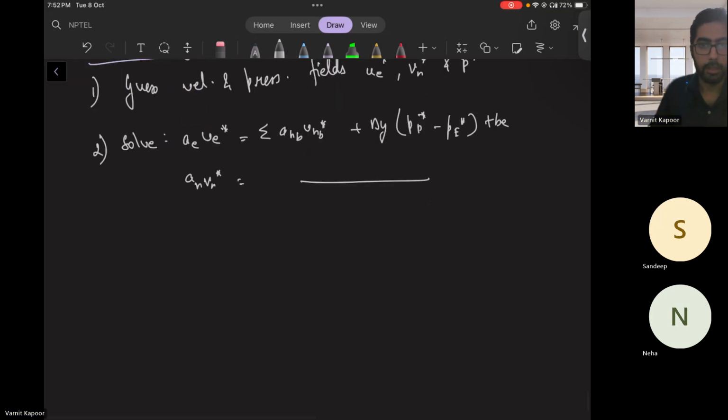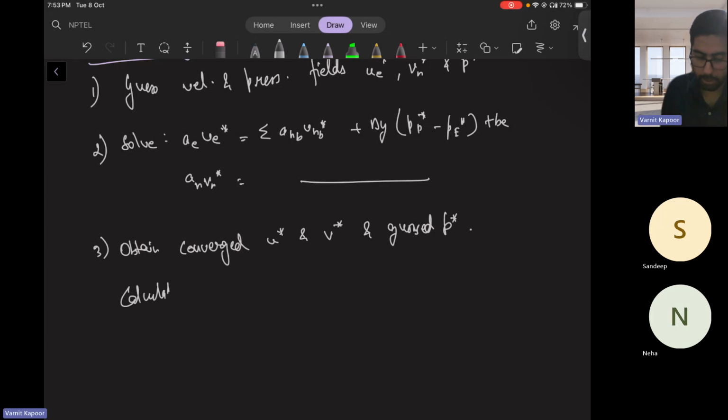Okay. Then obtain converged U star and V star and guessed P star. Calculate the source term of the pressure correction equation.